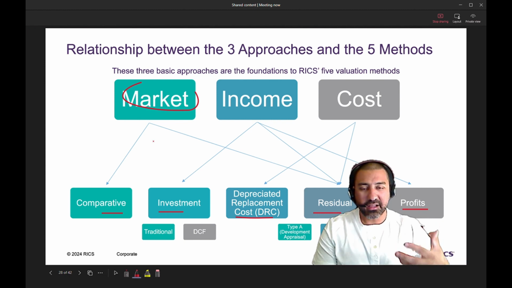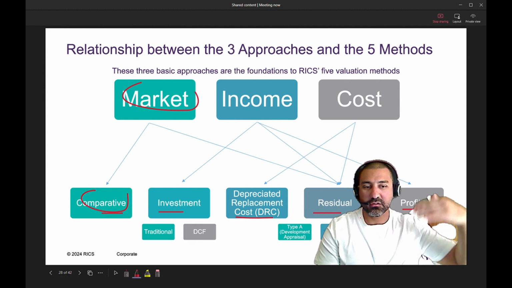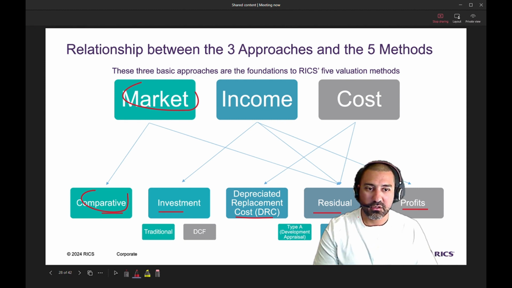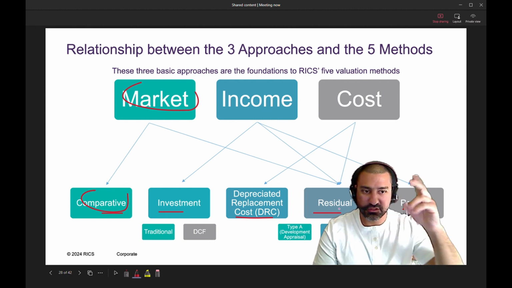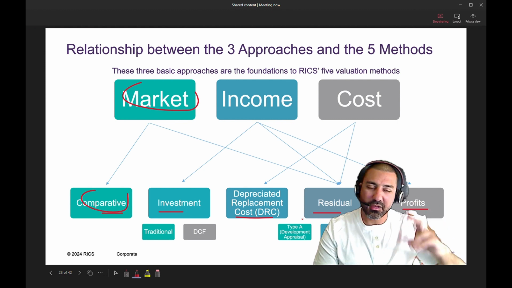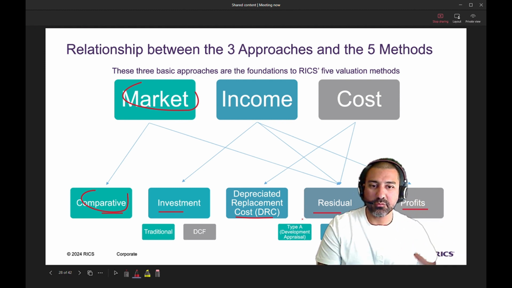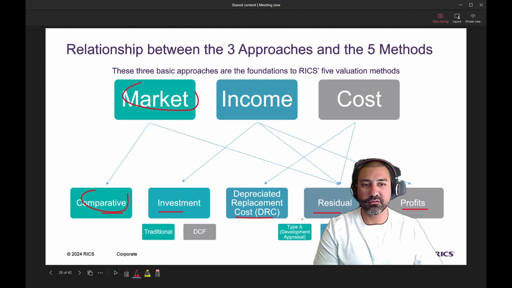But directly, the market is involved in the comparative method, right? And directly in the top-down residual method when it comes to, for example, a residential property transaction. The perspective of income touches upon the investment method, the profits method, and also the residual method. If you're looking at the residual of a commercial, income-generating property, it also involves some income perspective.